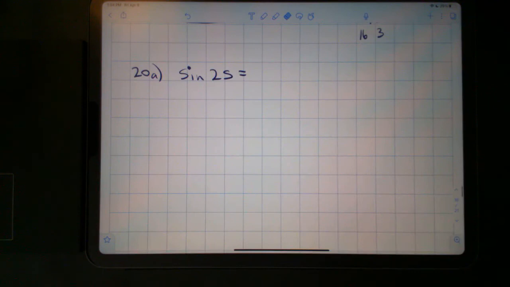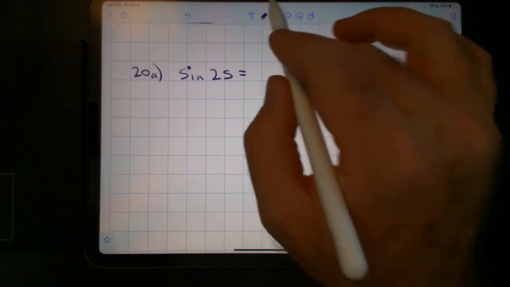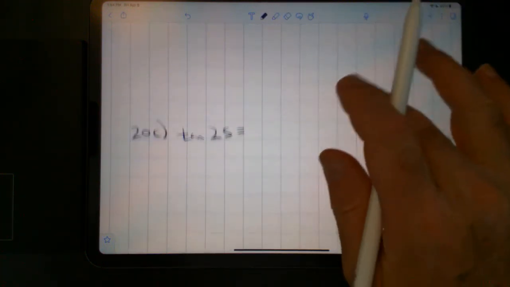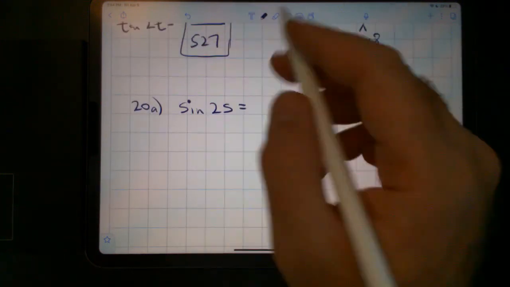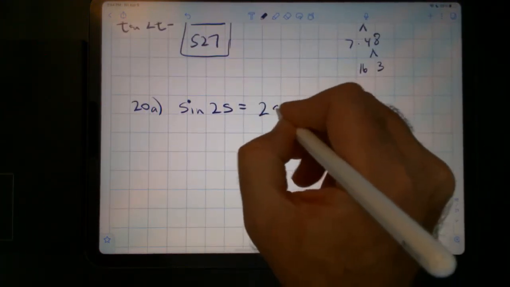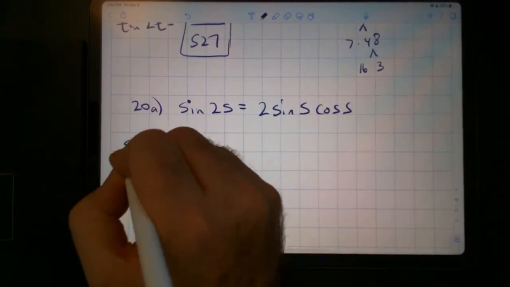Sine of 2s. I think this will be the last one I do because hopefully you're seeing the same pattern. So sine of 2s is equal to 2 sine s cosine s.